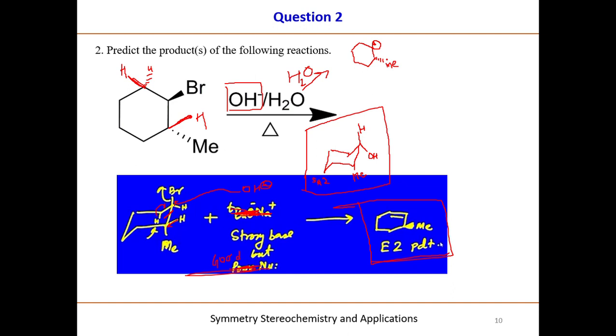So because of the stability of the carbocation, the migration of proton will take place, and we will get the tertiary carbocation.